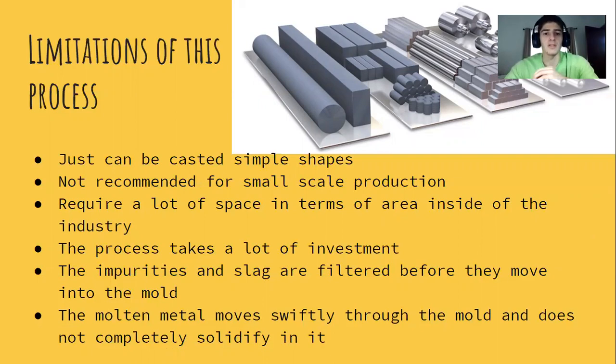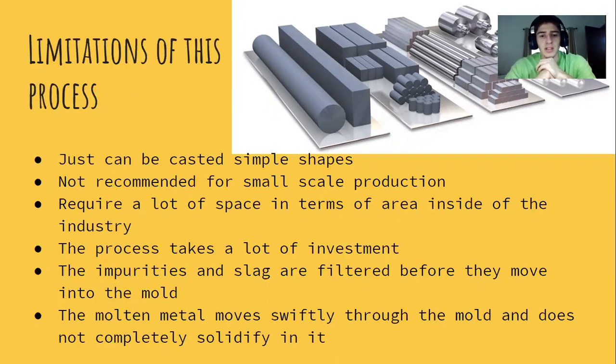It is not recommended for small scale production, because it's a long process, and it would cost a lot and require a lot of space in terms of area inside of the industry. The process takes a lot of investment, as I said.